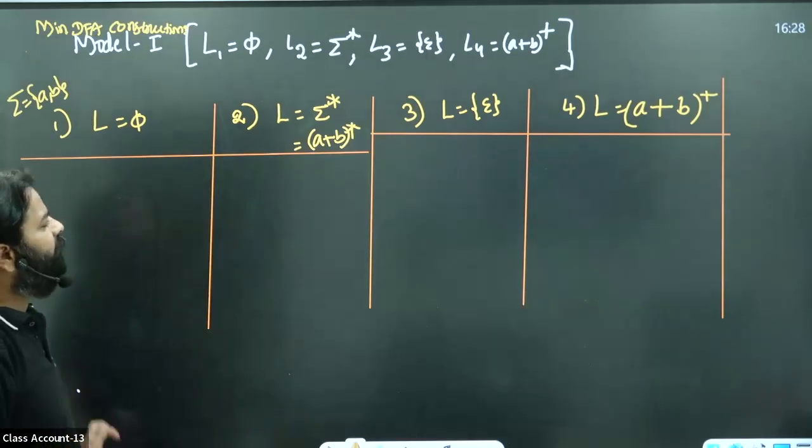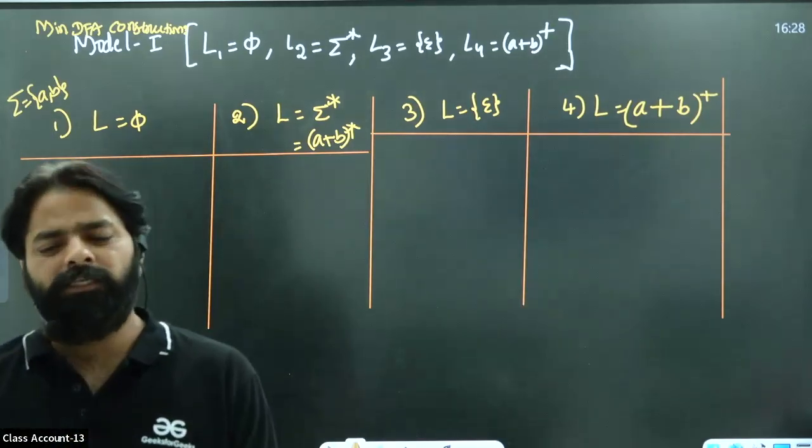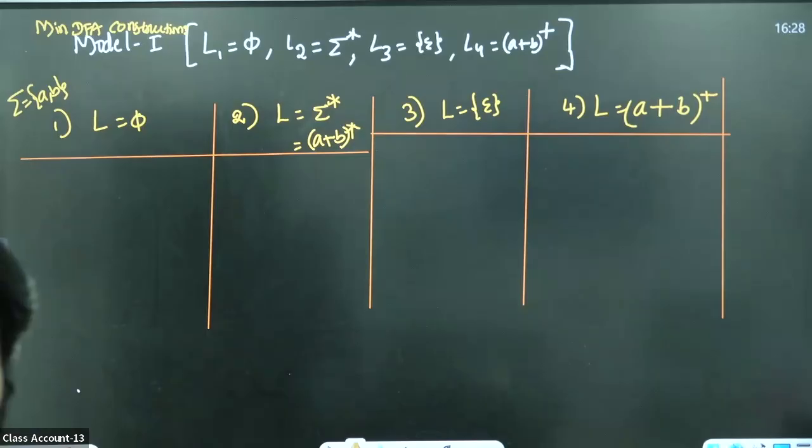Go and design, see how many states you get. We have already done this, just need to practice more now. How many states will you get to design a DFA? Everyone should try, just do something.